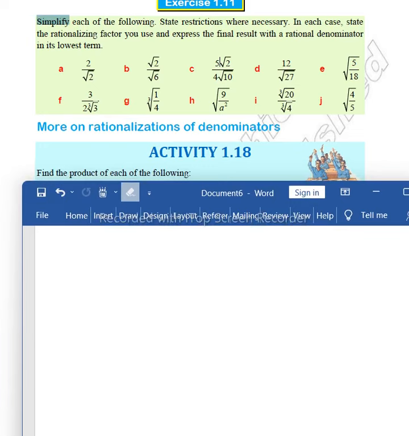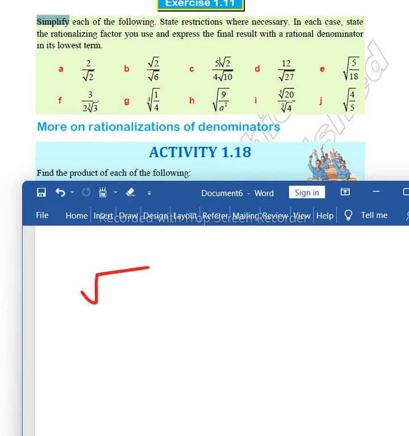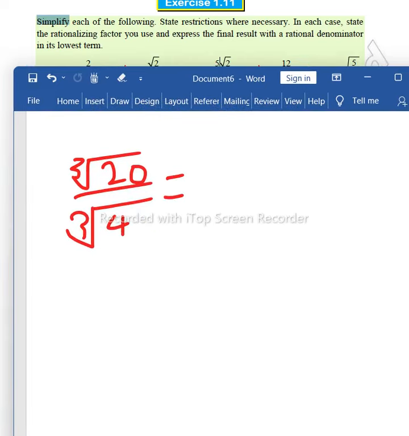Let us say cube root of 20 over cube root of 4. Let us first simplify this question before rationalizing the denominator.